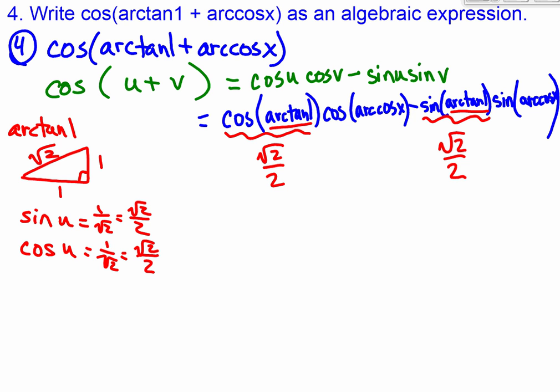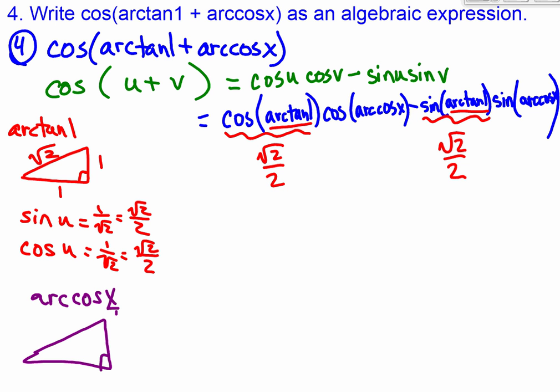Now, the other picture that I have is I know the arc cosine of x. And so if I draw a little triangle here, which didn't turn out great, so that's like saying that's x over 1, and cosine is the what over the what?